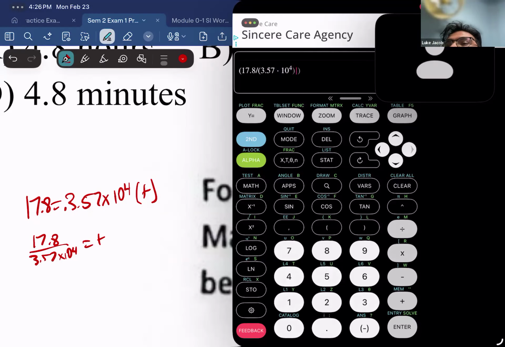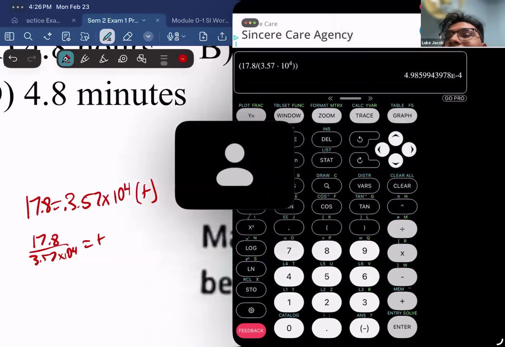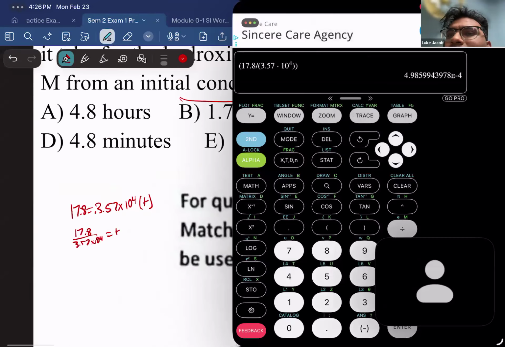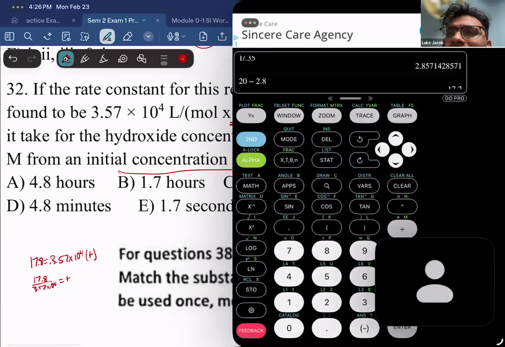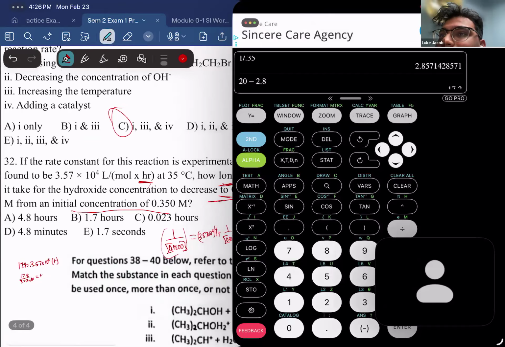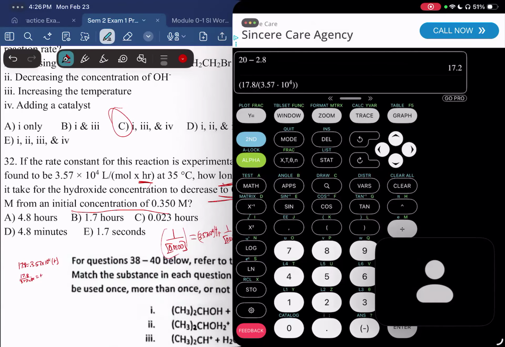If you guys didn't know, if you put parentheses like this, it'll divide out properly and it saves you a lot of time. So we got this value of t. This is around 4.9. Why is it 4.9? Did I make a mistake somewhere? I feel like it was supposed to be 4.8. Was it 20 minus 2.8?